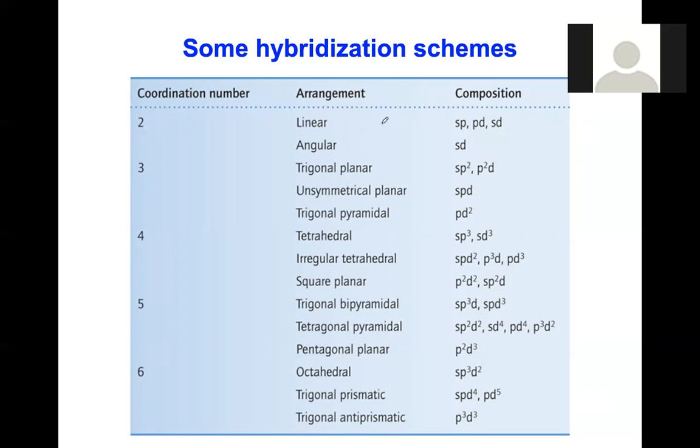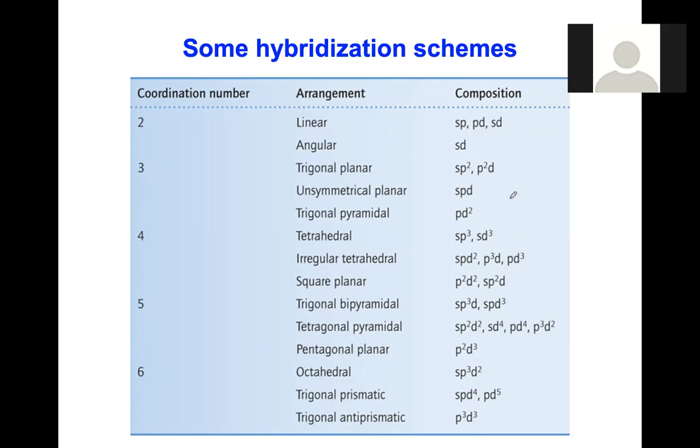And the reason you have different geometry is the sp, sp2, and sp3 hybridization. Because of this hybridization, the central atom can have a particular geometry to host the non-central atoms. Let me give you an example.